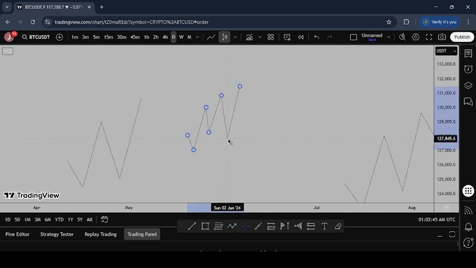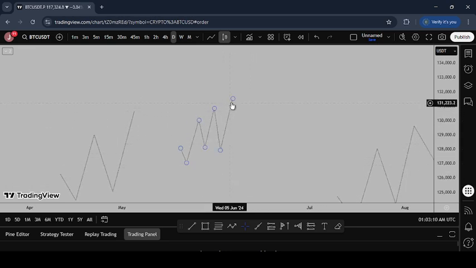For SMC, this low is protected. It's a protected region for us. As long as we have identified a protected low and the market is still in a bullish trend, we would mark this low as a point of interest, and this swing will be important to us.